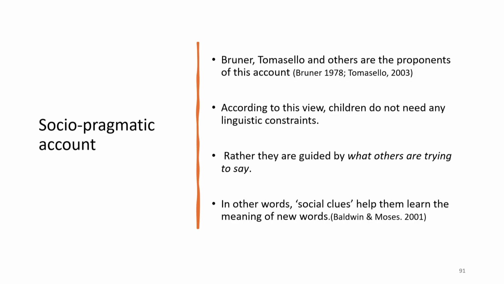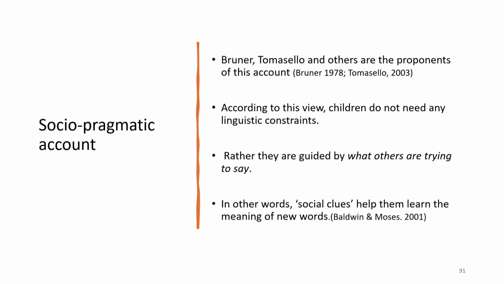The socio-pragmatic account was given by many people, but primarily Bruner, Tomasello and some others. The idea behind this theory is that children do not need linguistic constraints. Rather they are guided by what others are trying to say.